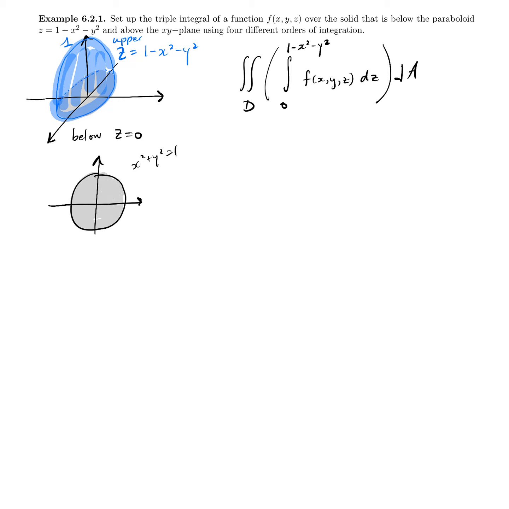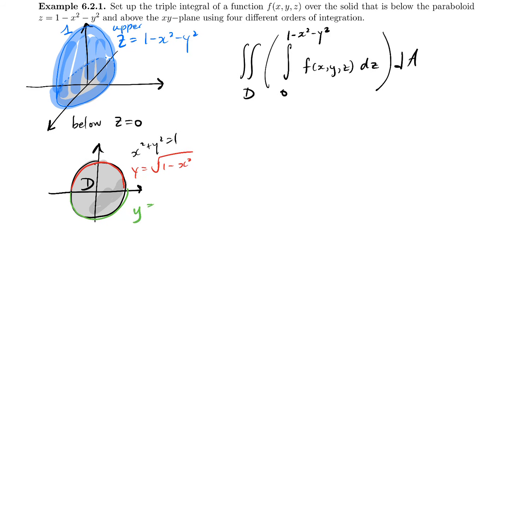And so we can set this up either as a type 1 or a type 2 region. So let's set it up as type 1. If we set it up as type 1, we're doing above and below. So we have y is the positive root of 1 minus x squared, and y is the negative root.